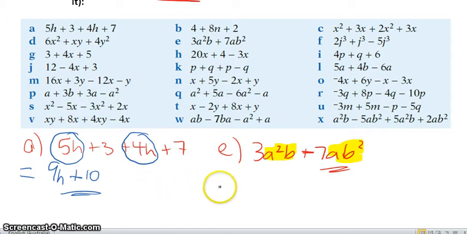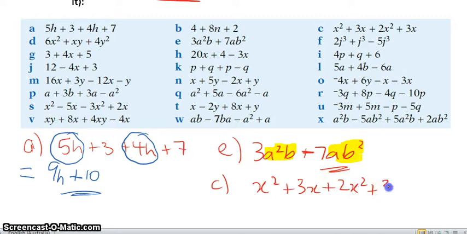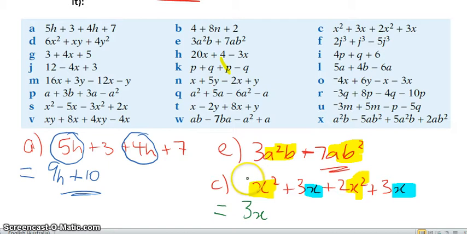Let's try question C. x squared plus 3x plus 2x squared plus 3x. Like terms, let's have a look: x squared, x squared, x, x. So x squared plus 2x squared is 3x squared, because remember, if there's nothing outside the pronumeral part, there's a 1, plus 3x plus 3x, which is 6x.